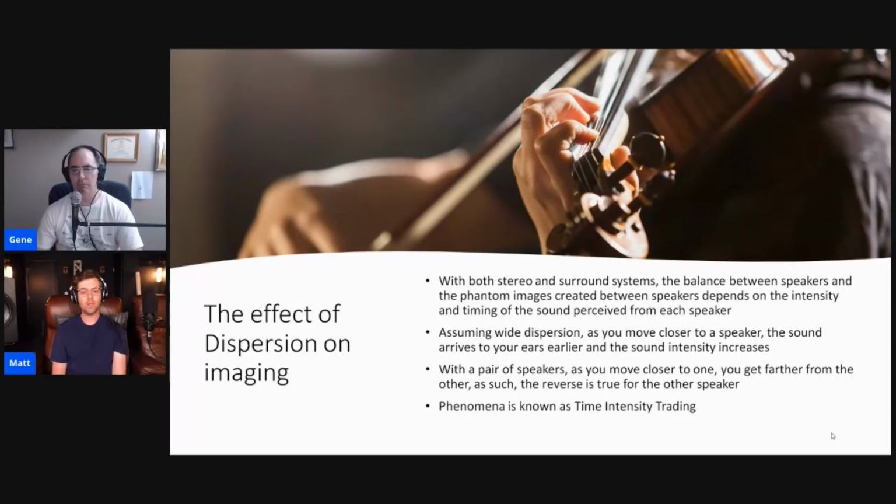So with a pair of speakers, as you move closer to one, you get farther from the other. The reverse is true for the other speaker, which I just explained. And this is known as time intensity trading. And it works for things other than speakers. That concept actually goes beyond speakers quite a bit. But for our purposes, we're talking about this in terms of speakers and how it affects imaging.